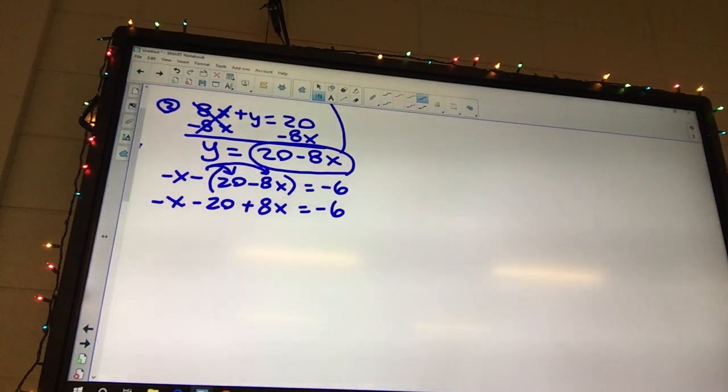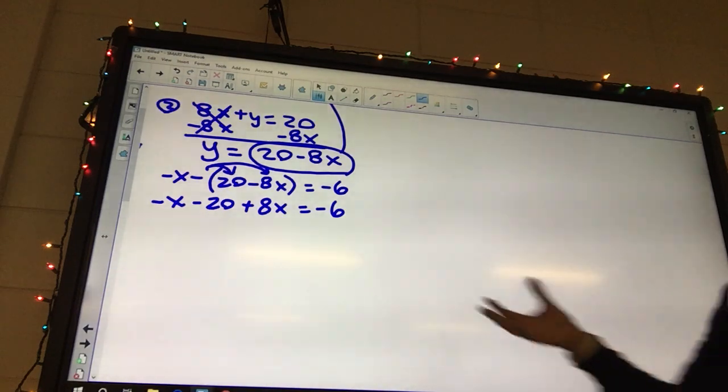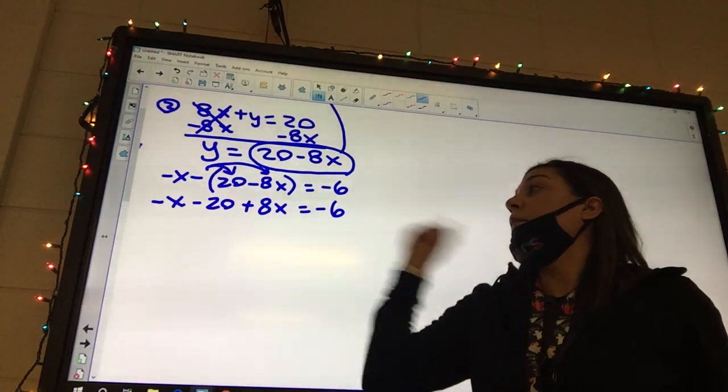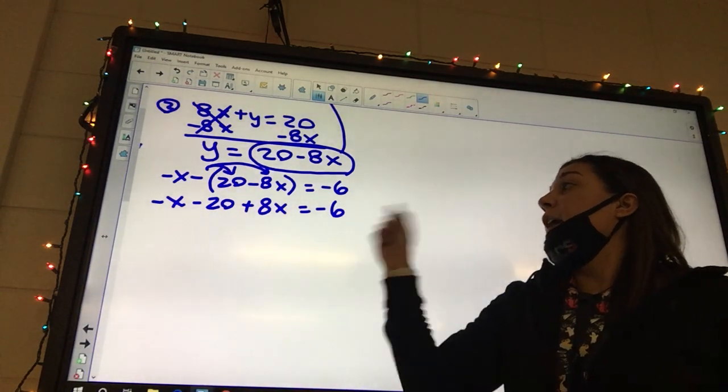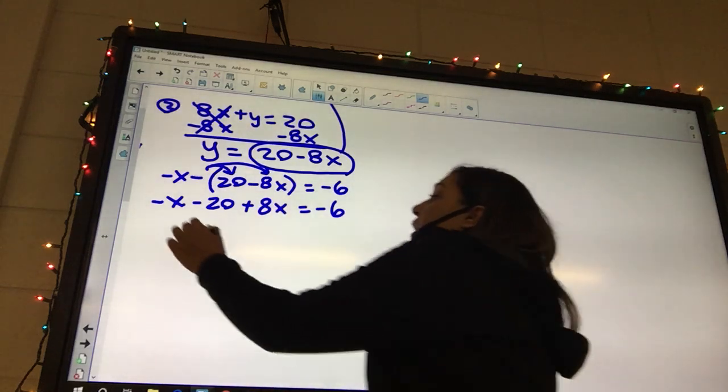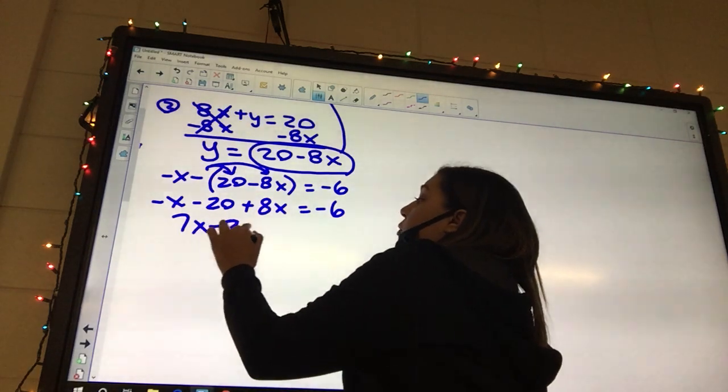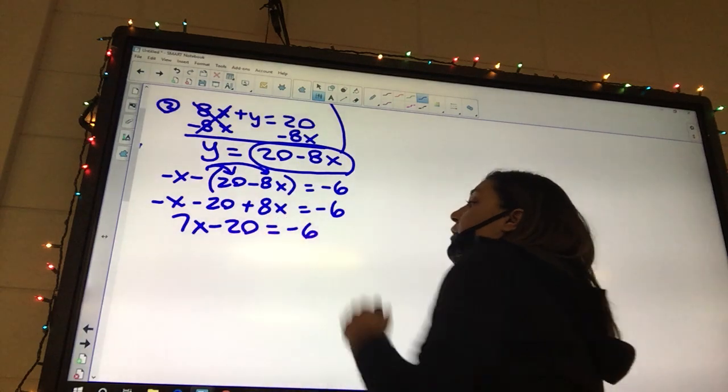What do you need to do? Yeah, combine like terms. It starts with a C. What can we combine here? 8x and the negative 1x to give me a 7x minus 20 equals -6.